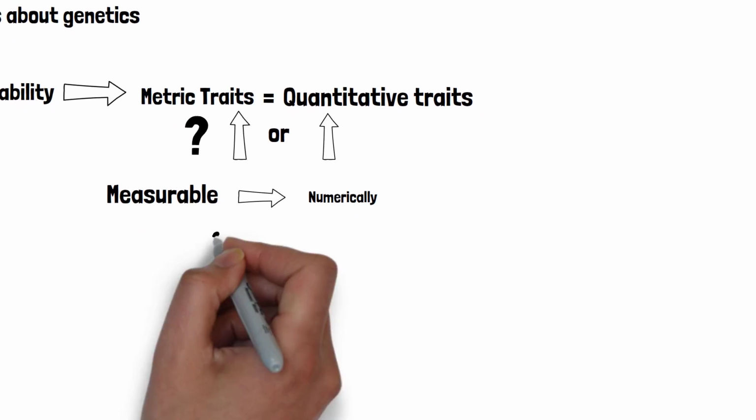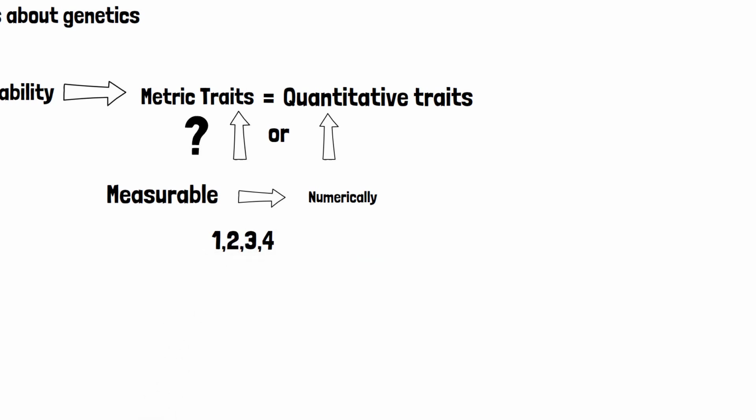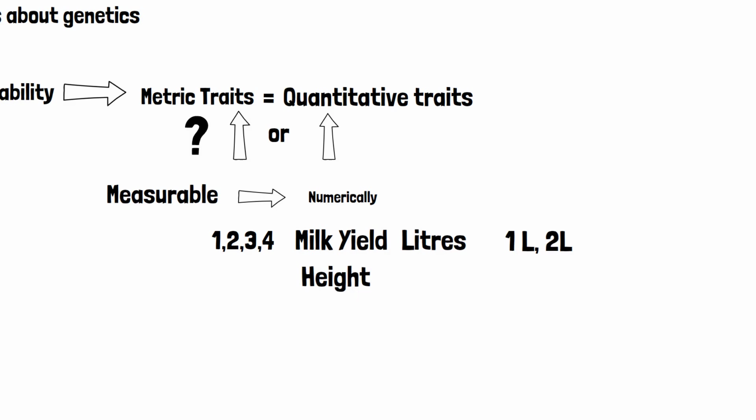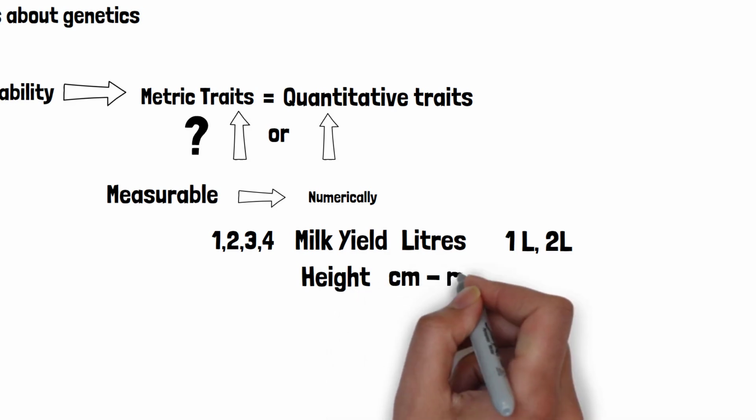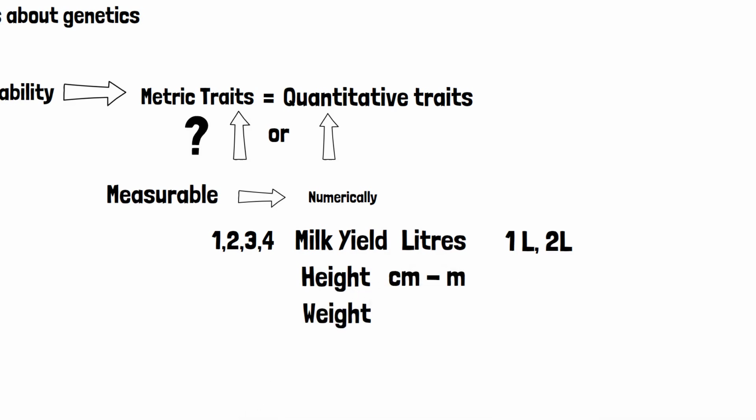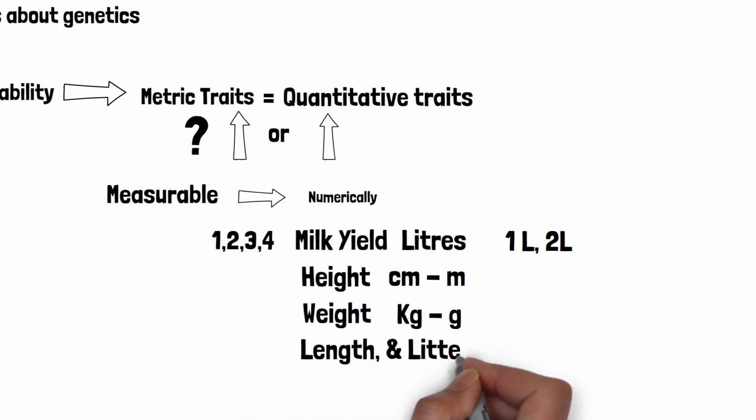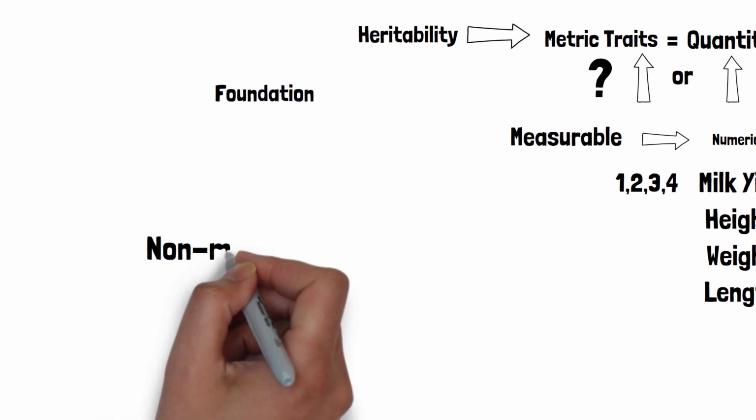That is, they are traits you can measure and write them in numbers format. For example, milk yield, which can be measured in liters, 1 liter, 2 liters, etc. Height in centimeters or meters. Weight in kg or grams. Length as well, and litter size, etc.